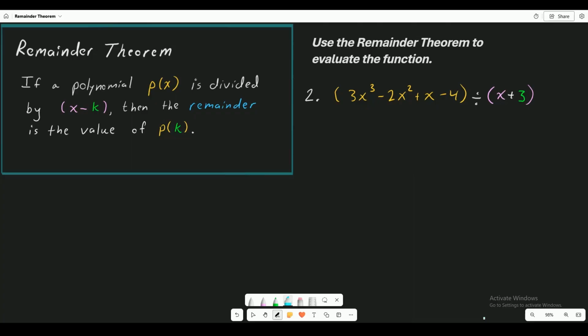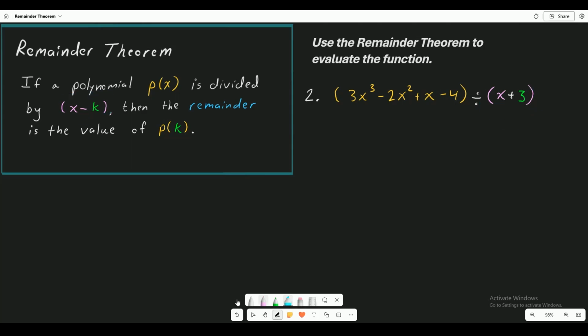Be very careful. We have an x plus 3 here, but the remainder theorem says it has to be in the form x minus k. So our k value is not actually 3, right? Let's rewrite this one so that it's in the form of x minus instead of x plus.